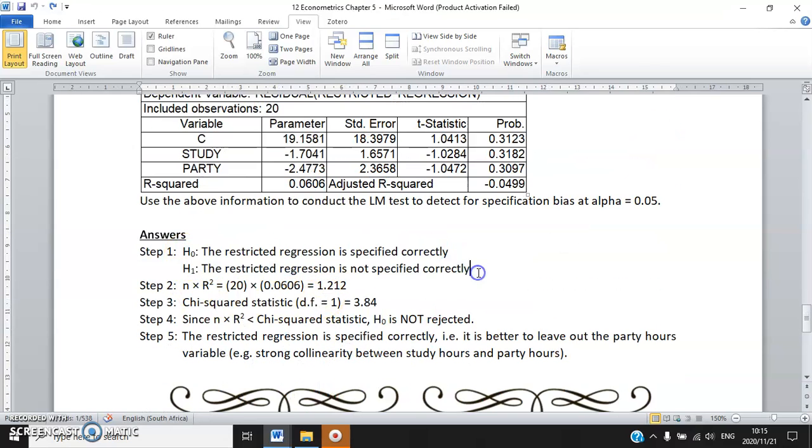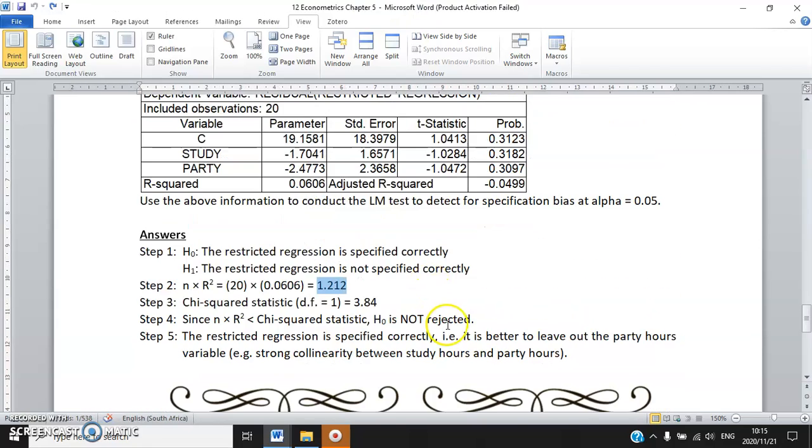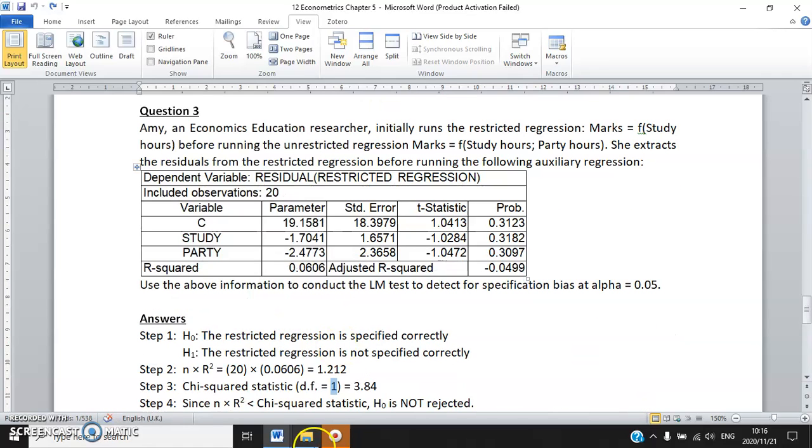Step 1, you should be fine. Null hypothesis: restricted regression is fine. Alternative hypothesis: something wrong with the restricted regression. Step 2, n equals 20 times R squared from this regression, then 1.212. Chi-square statistic, number of restrictions is 1, and alpha is 5%.